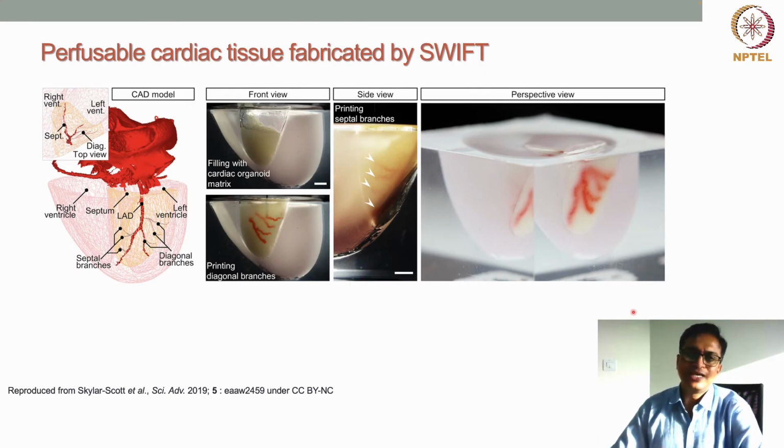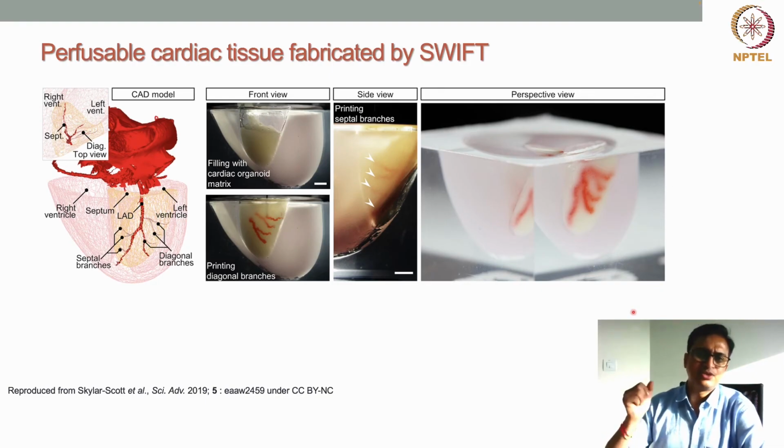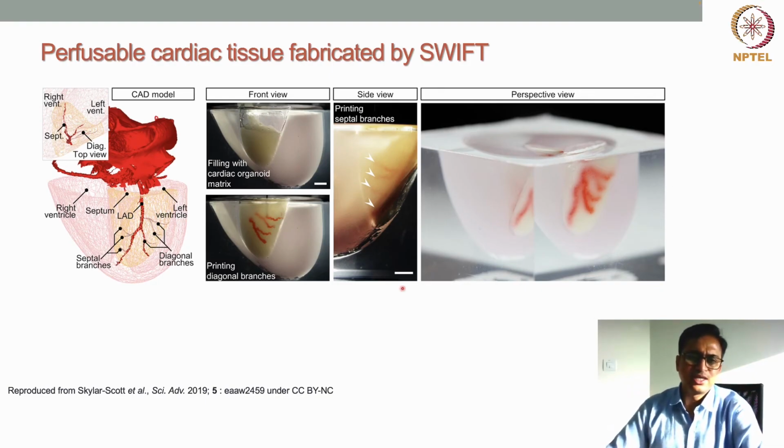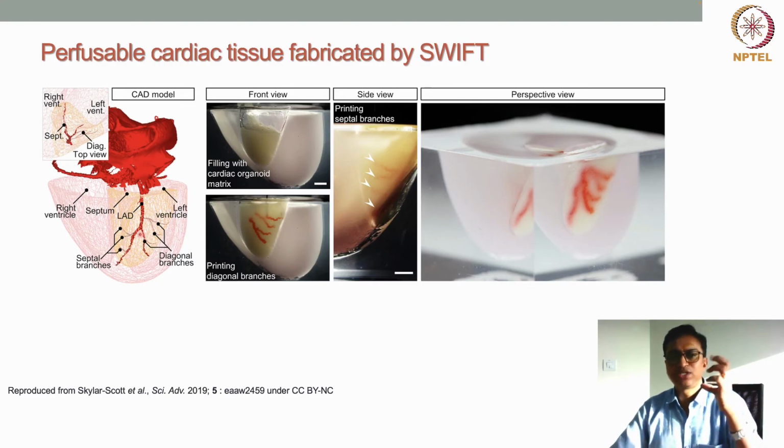They have used MRI data to find out the vascular channels present in a small part of the heart muscle, a vascular tree. This was isolated, and this was used as a CAD model for fabricating the structures.